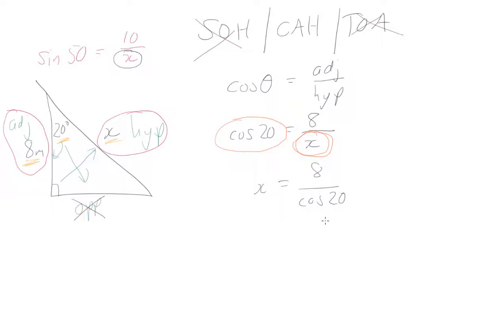And you can do a bit of mathematical working to show that's the case, but in general, what's on the bottom here, the cos 20, switch those two over. So from here, 8 on cos 20, that goes into my calculator. 8 divided by cos 20. That is going to get me 8.51.